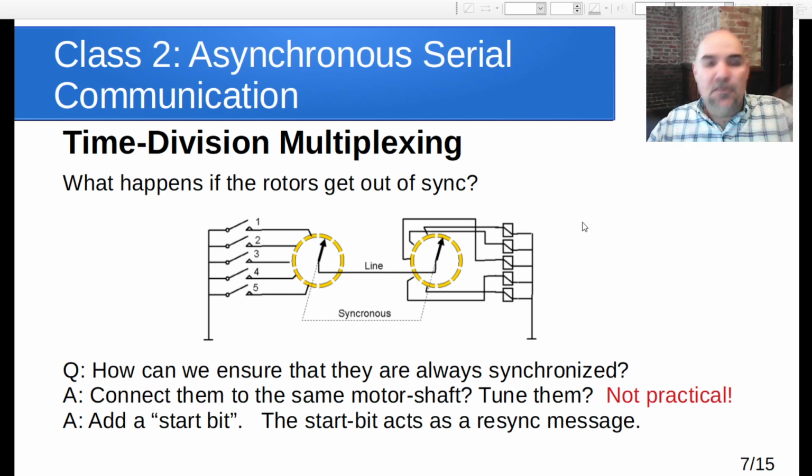There was a motor constantly running, and when that bit came in, it released the clutch, which now both of them would spin. Then when it got back up here to the start position again, it would disengage the clutch and lock the rotor back in this position, waiting for the next start bit. So the start bit acts as a resynchronization message that's separate from the data message.